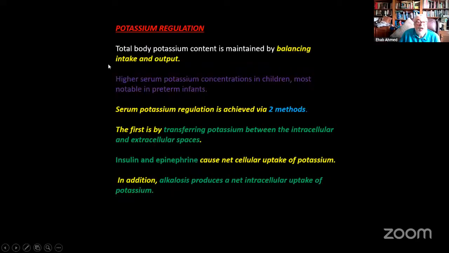So potassium is regulated by balance between intake and output, mostly lost in the GI. The kidney gets rid of only 15% of the potassium.